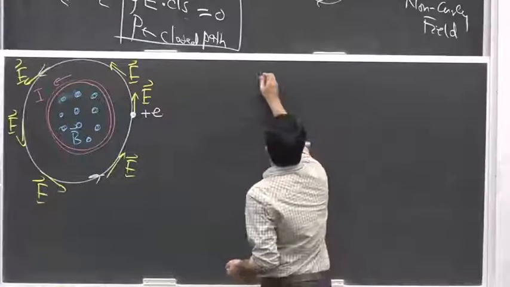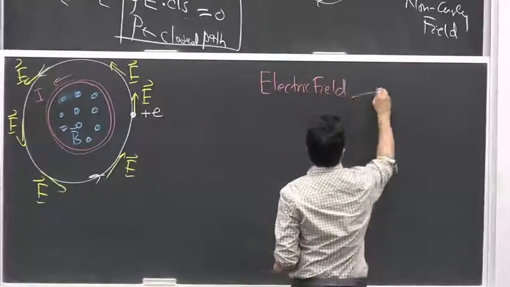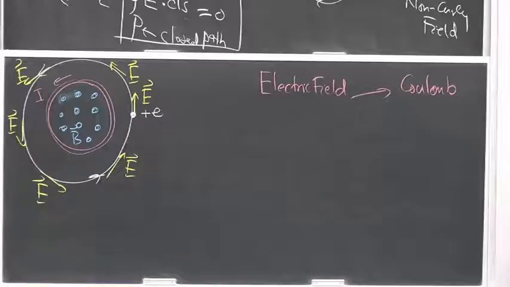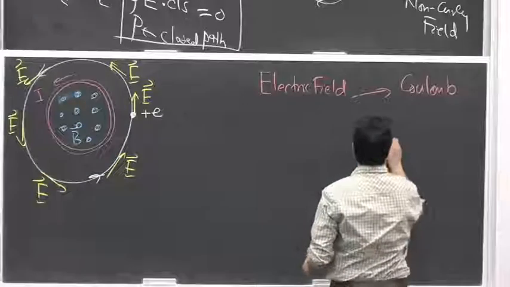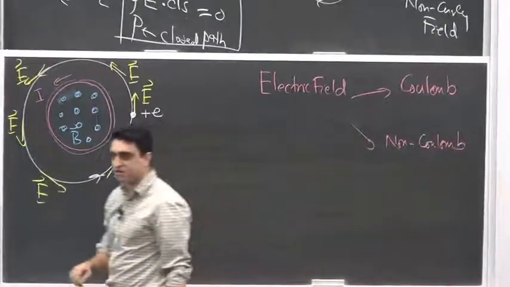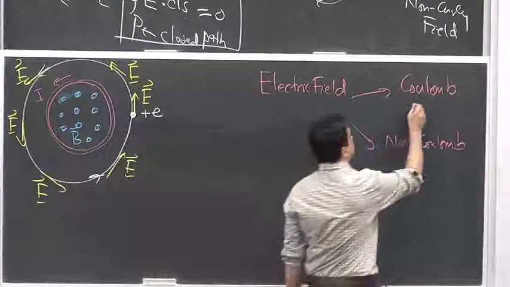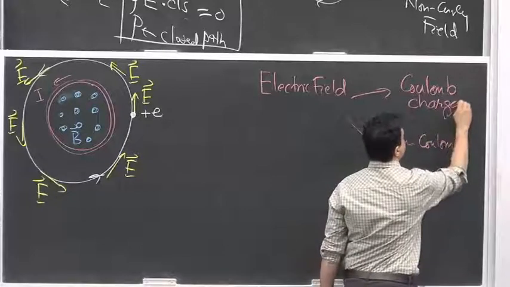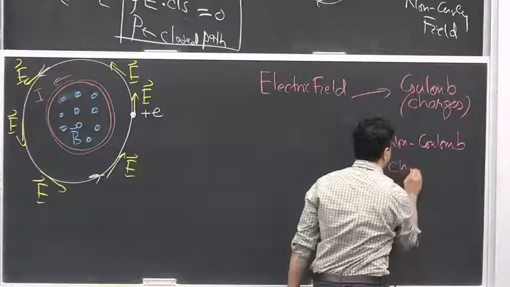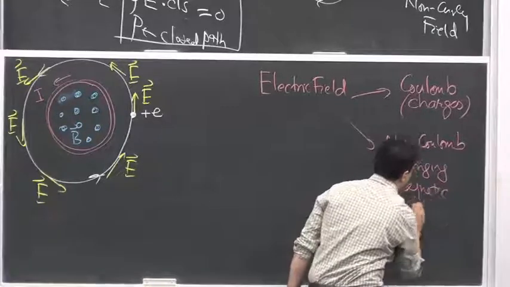One is called the Coulomb electric field, and the other sort is the non-Coulombic electric field. Coulombic electric fields are produced due to charges, but non-Coulombic fields are produced due to changing magnetic fields.